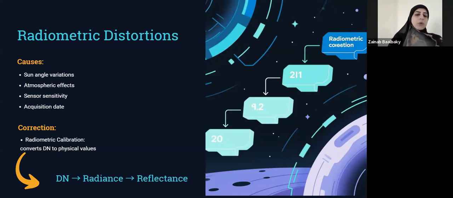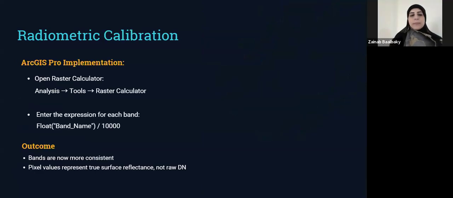The solution is radiometric calibration. This process converts digital numbers into reflectance, producing physical values that reflect actual sunlight reflected from the surface. So radiometric calibration ensures that the same pixel in two different temporal images represents the same real-world value.